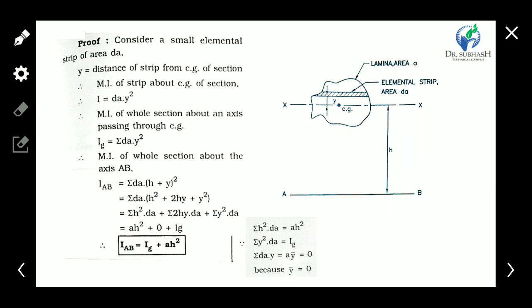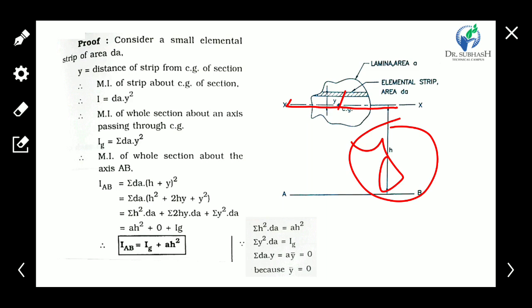Here for moment of inertia we consider that the distance at the center of gravity is 0, so y bar is 0. The inertia IG is found from the center axis, so y becomes 0 because it's the center of gravity.